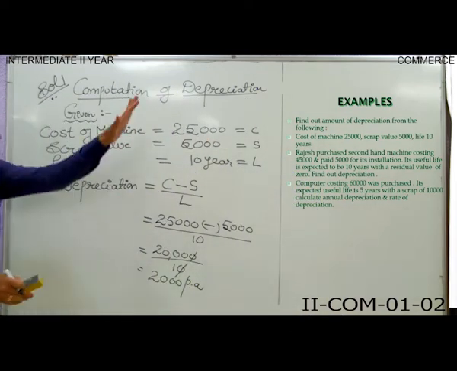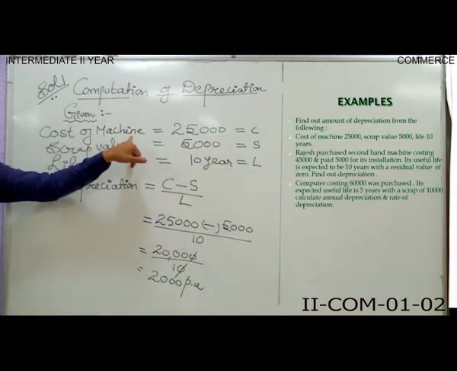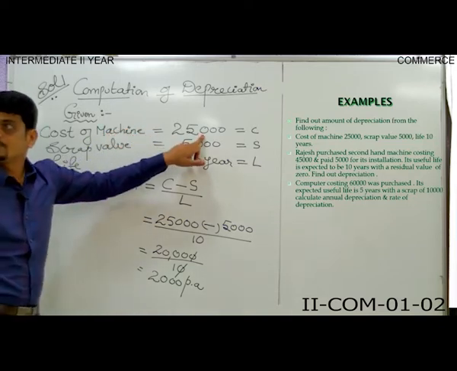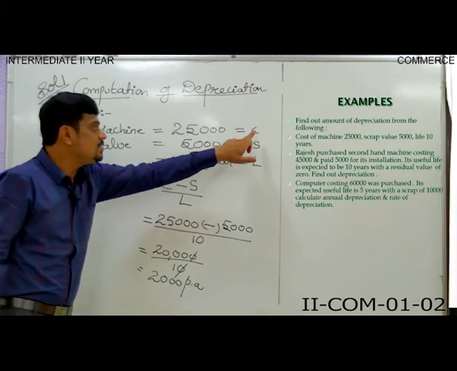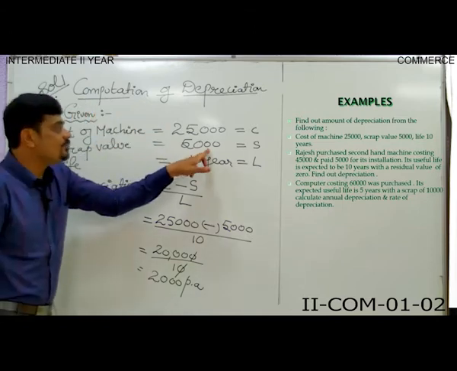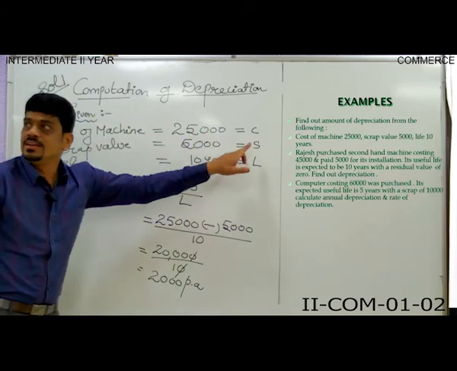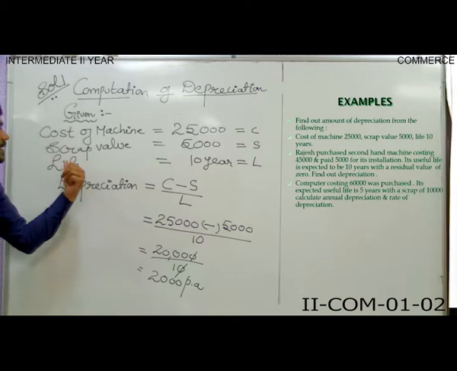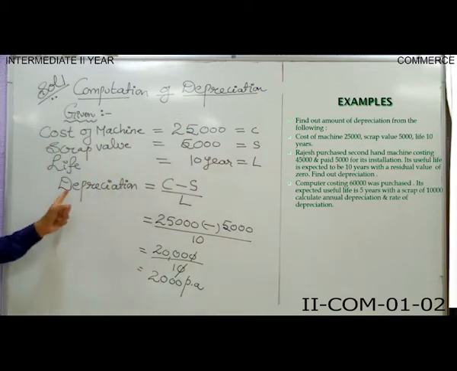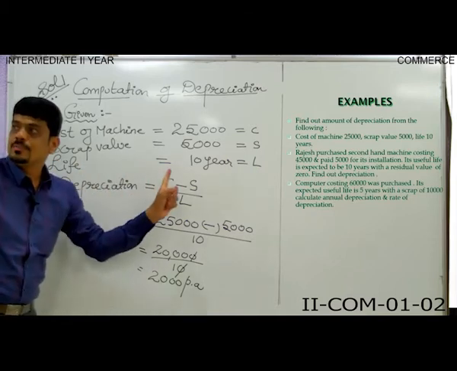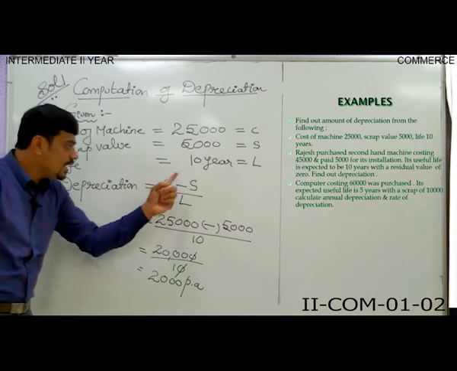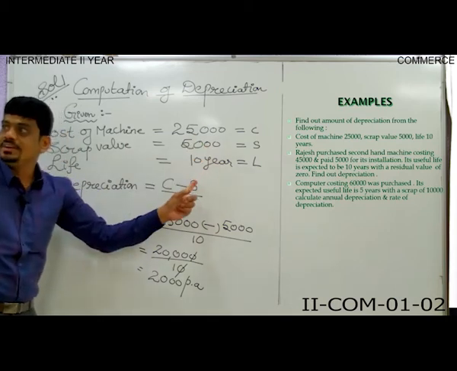Again, first write the cost of asset. How much is the cost of asset? 25,000. And that 25,000 is nothing but C. Then scrap value. What is scrap value? 5,000. That is S. Then life, 10 years, L. So substitute in the formula. Depreciation is cost minus scrap by L. No need to write the full words, just C, S, L, because we have already abbreviated them here.